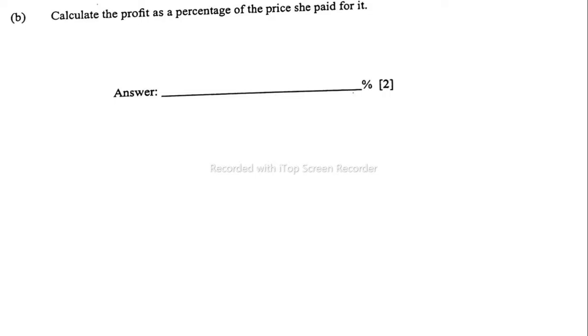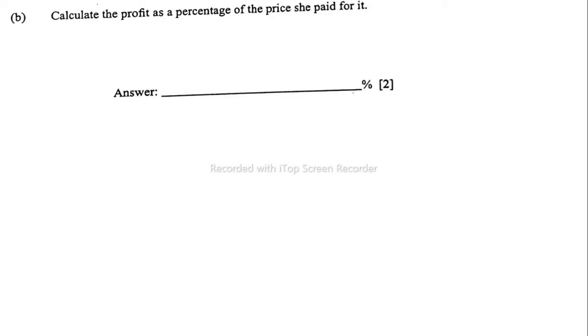Multiply 19,000 over 95,000 times 100. Why over 95,000? That's what she bought it for, right? 95,000. Yep. So you want the profit divided by the original price, because the question says how much she paid for it.